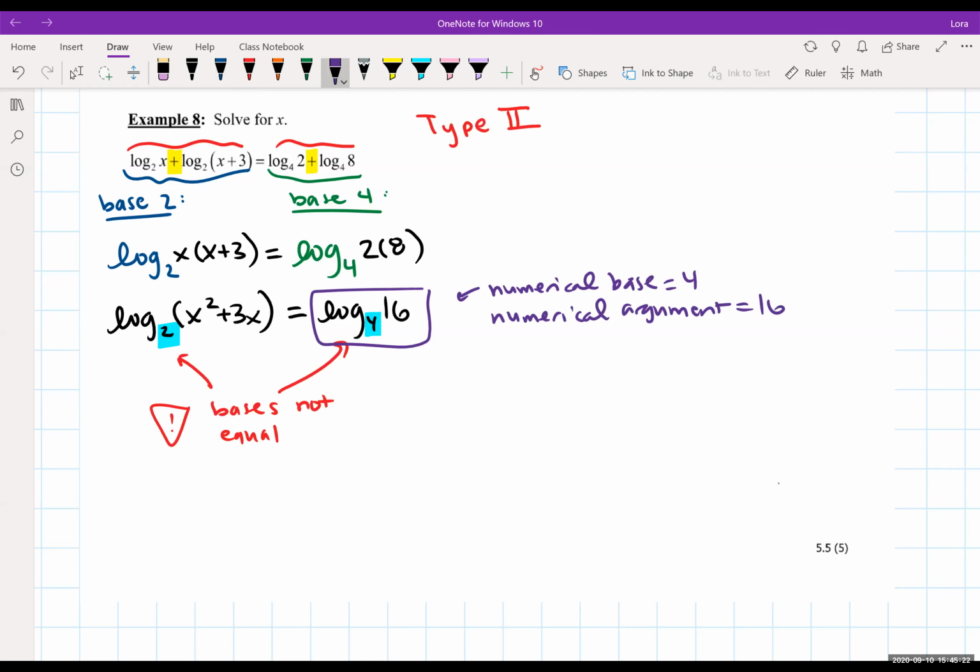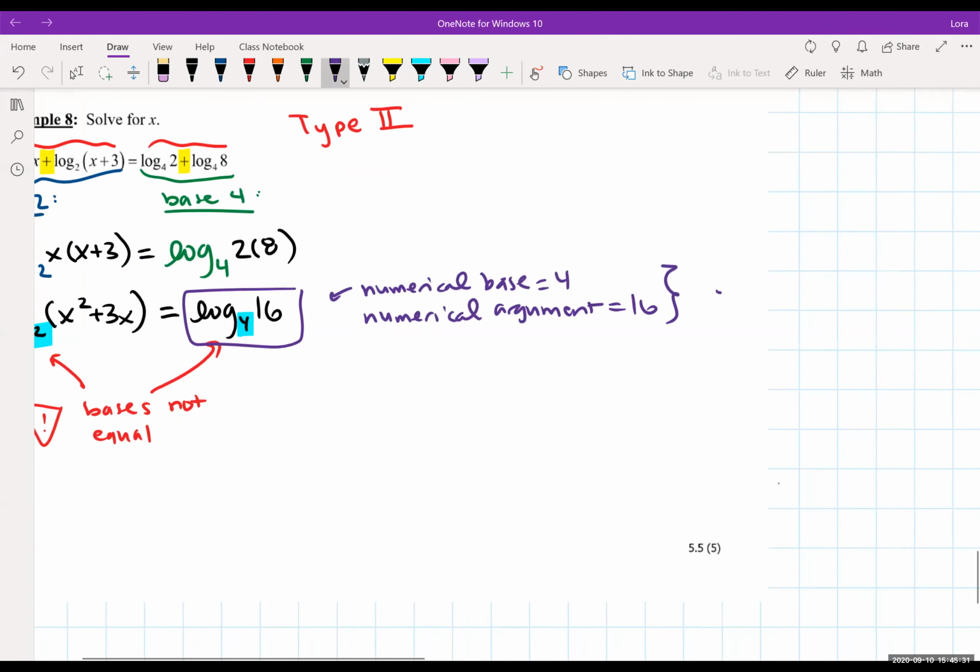Whenever I have a base and an argument both being numbers, there might be a better way to write log base 4 of 16. Maybe there's a nicer number that I can use to get rid of the log. I just need to figure out how to evaluate it.